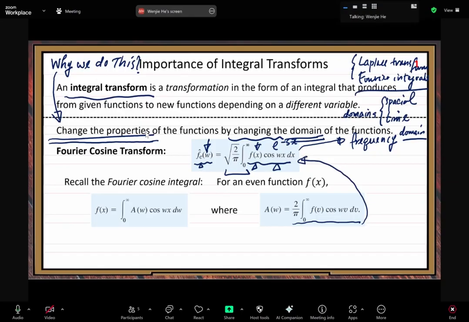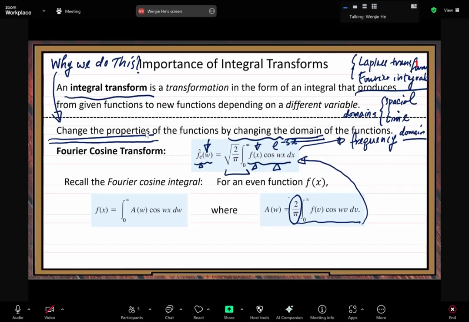Here you can see the only difference is that coefficient. That coefficient is different, but that's not critical, because people do some adjustment on this coefficient. Other than this coefficient, you can see they are the same.